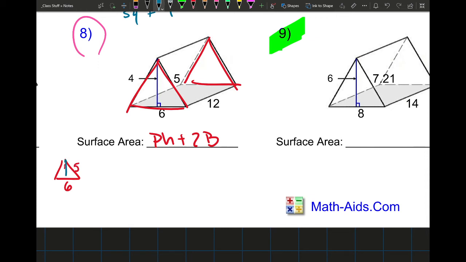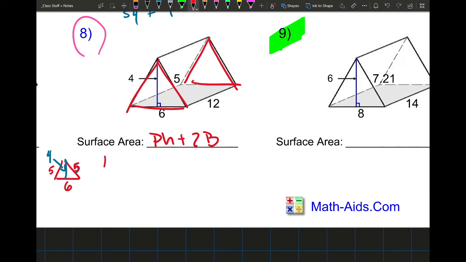Do you see this? They have this line over here, and they're telling me that this is 4. Now, what type of triangle is this? If this is 5 right here, that means that this is also 5. Isosceles triangle, right? 2 sides are the same.